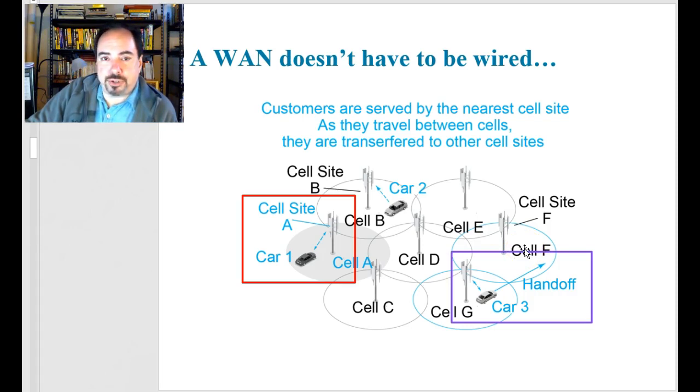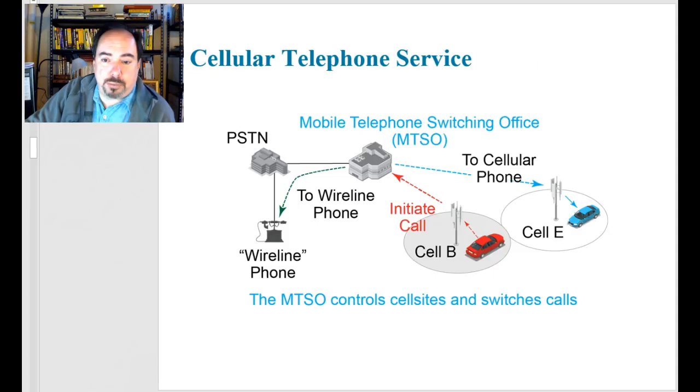companies that produce cabling, either twisted pair or fiber optic cabling, are going to go out of business. Nothing could be further from the truth, because the more cell phone towers go up, the more wiring is necessary, because all of these towers are wired back to the MTSO, the Mobile Telephone Switching Office.